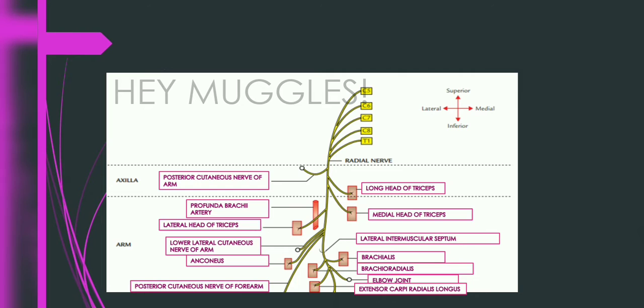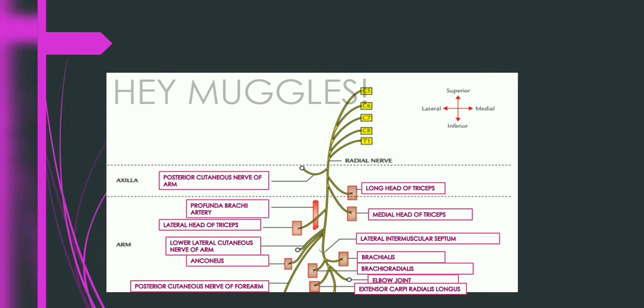Then it enters the arm at the lower border of the teres major muscle, and passes between the long head and medial head of triceps.